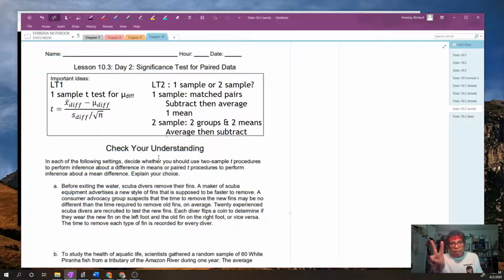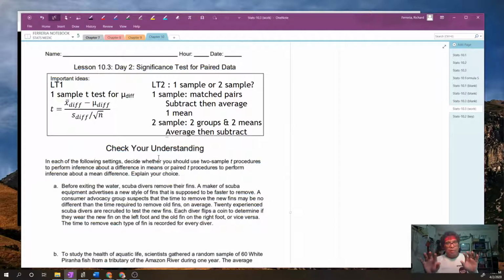If you're going to have two samples, that means you're going to have two distinct groups and two means. So the easiest way to see this is if perhaps you have one group with 32 in the sample, and the other sample has 35. Basically, the two samples are not the same size. If they were the same size, then you would think about subtracting them.